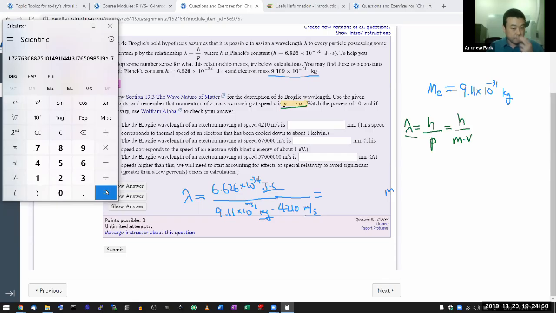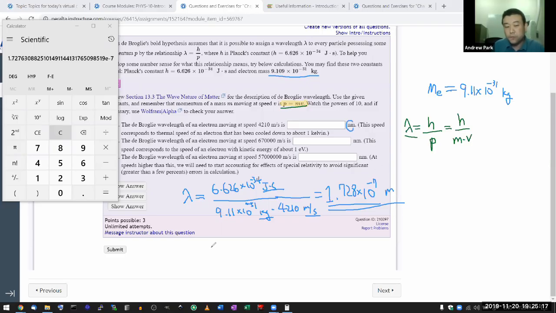We get a super small number. So let me write this down here. The number we get is 1.728 times 10 to the minus 7 meters. Now you can't just plug in this number because it's not asking for the answer in meters. It's asking for the answer in nanometers.